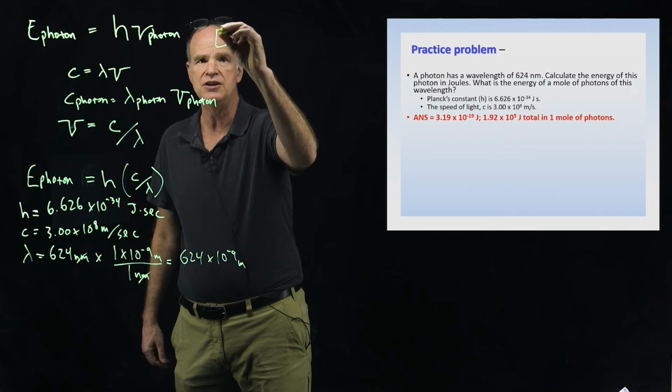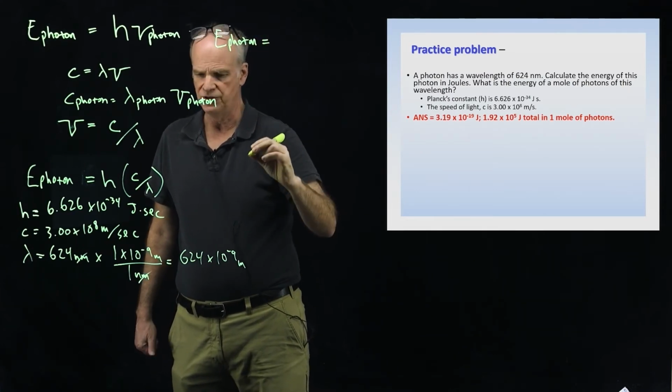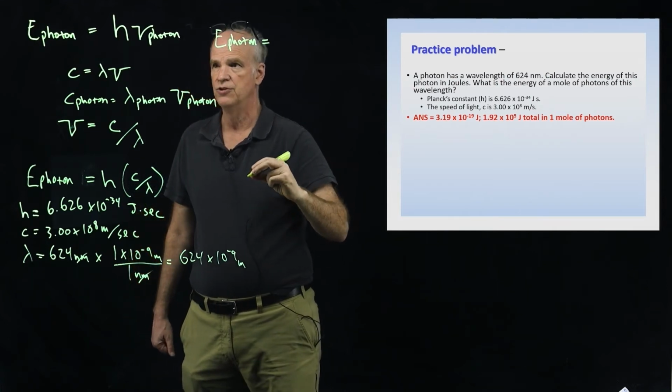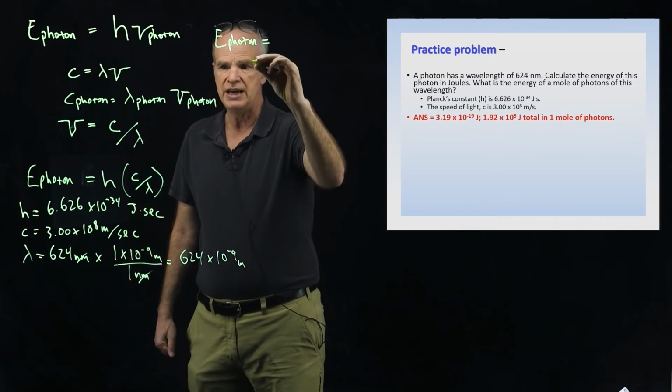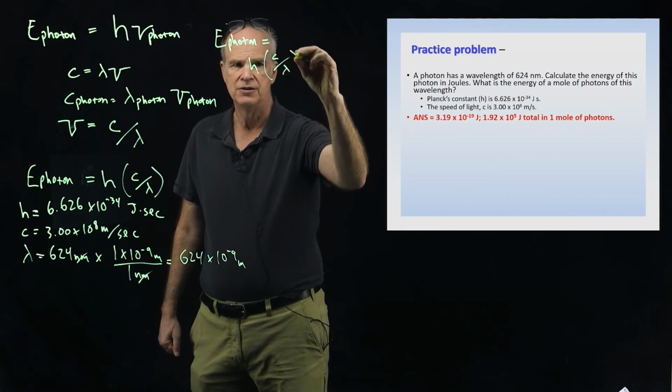So the energy of the photon is going to be equal to h times c over lambda.